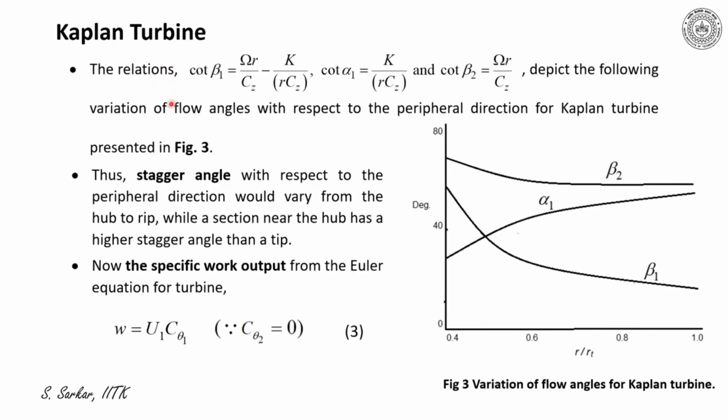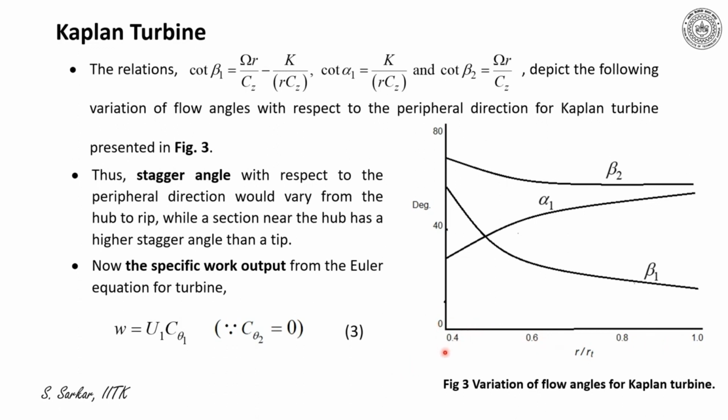The relations as established earlier, that is cot beta 1 is a function of R, similarly cot alpha 1 and cot beta 2, depict the following variation of flow angle with respect to peripheral direction for a Kaplan turbine as presented in figure 3. The figure 3 illustrates the variation of flow angle for a Kaplan turbine with radius.